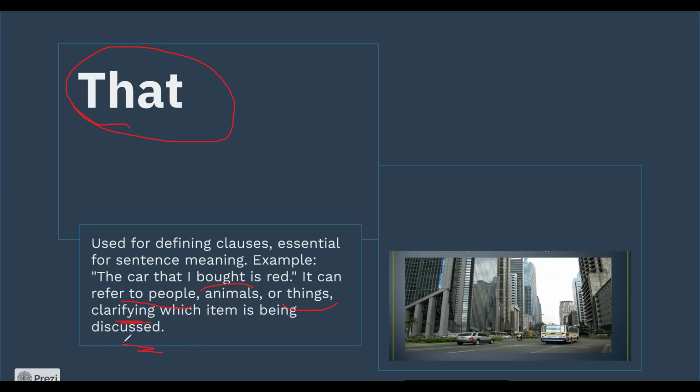Okay. Those are relative pronouns and examples. Yes, but more examples in context.